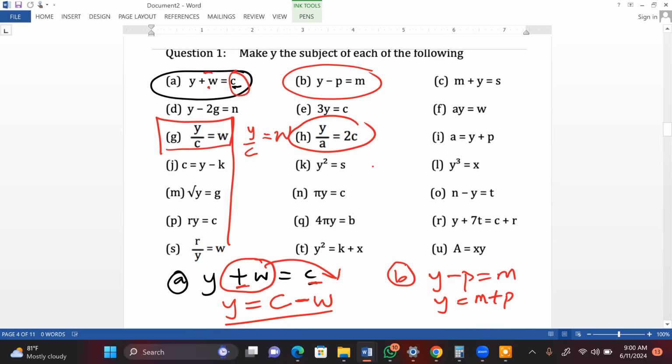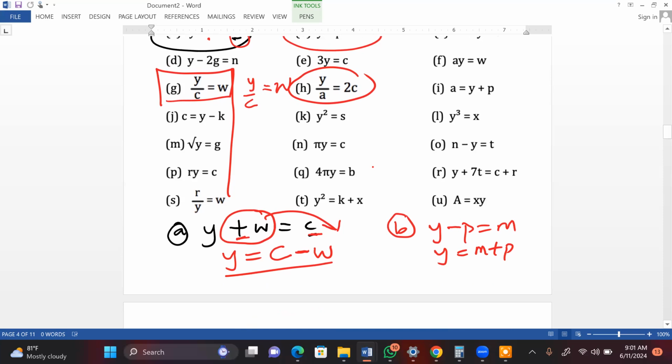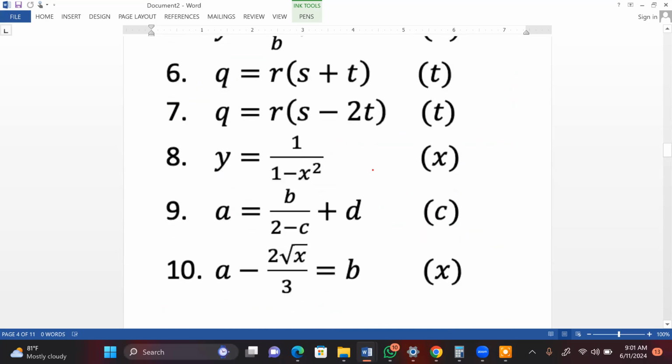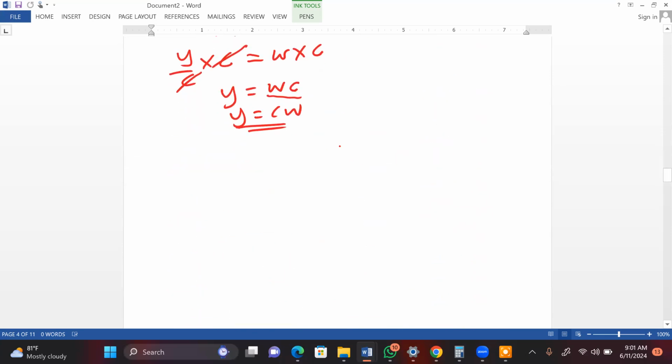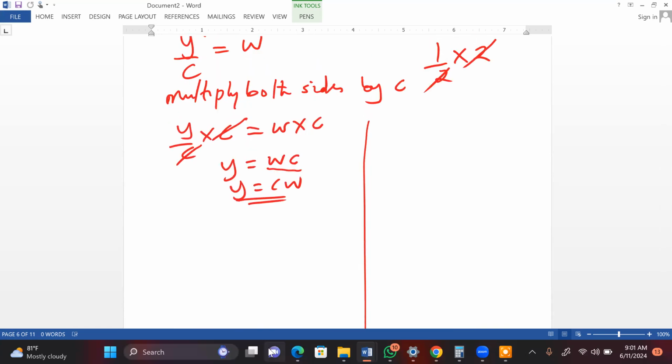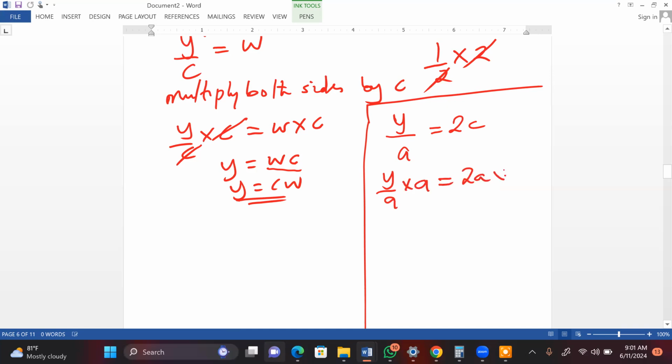Y over A equals 2C. So I'll multiply both sides by what now? This is why I'm making A the subject of formula. By A. So that means it's going to be Y over A times A equals 2C times A.